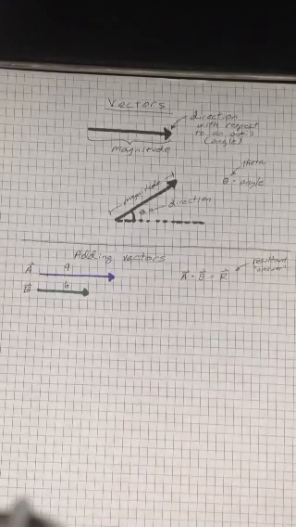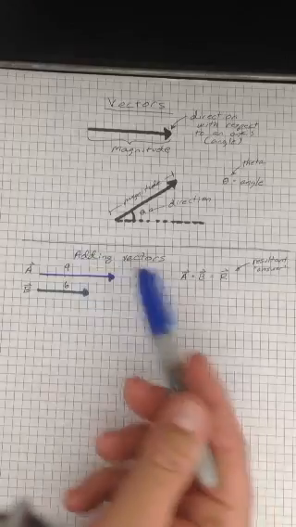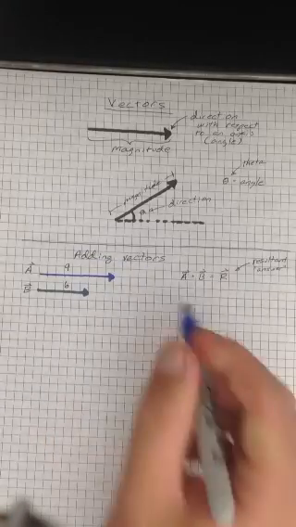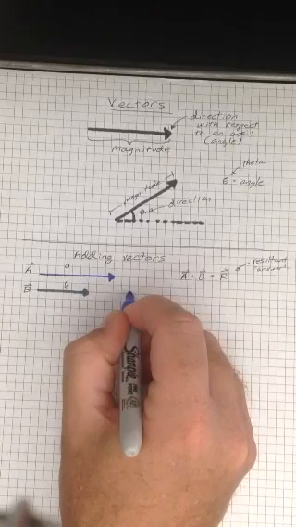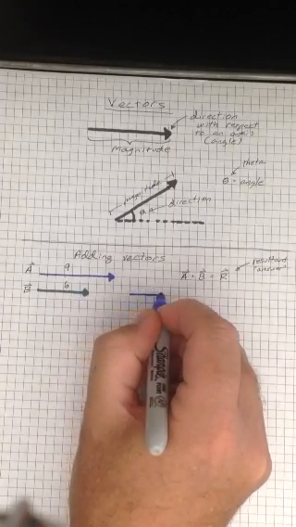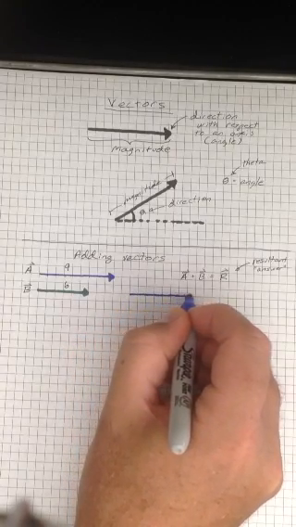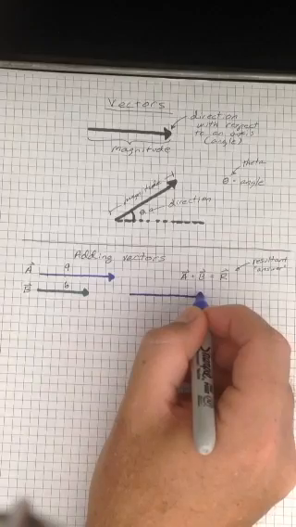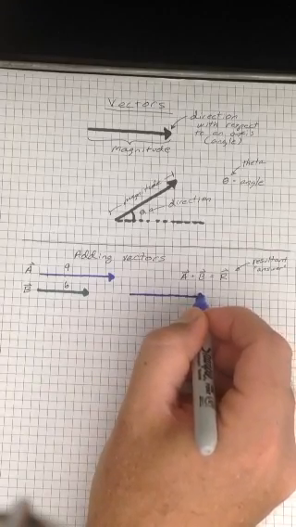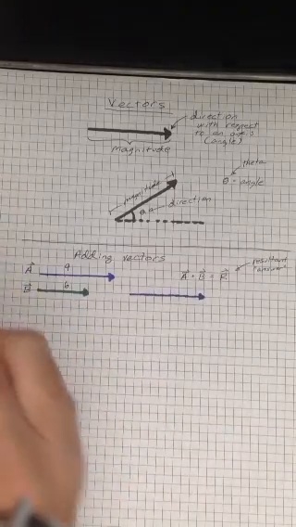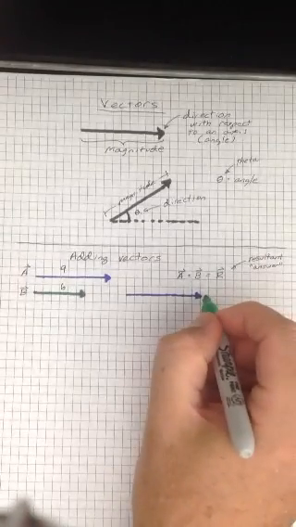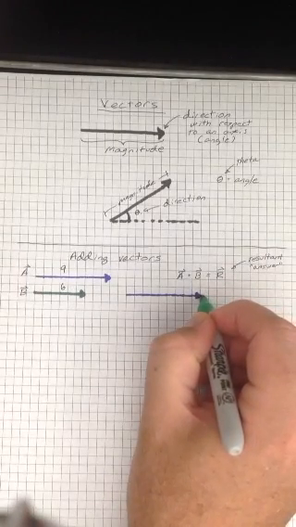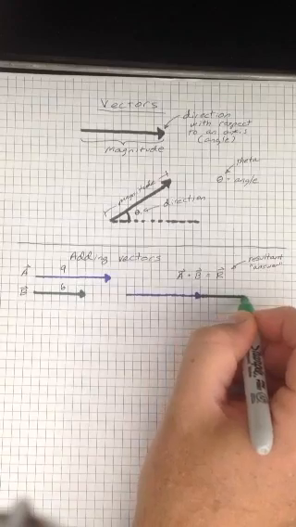In order to do this, we would take either one, it doesn't matter which one. We have vector A, which was 9, so we go 1, 2, 3, 4, 5, 6, 7, 8, 9, and there's our little arrowhead. Then we add onto it, head to tail, the next vector, which is 6.